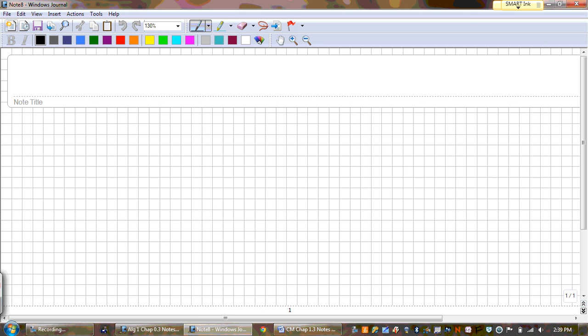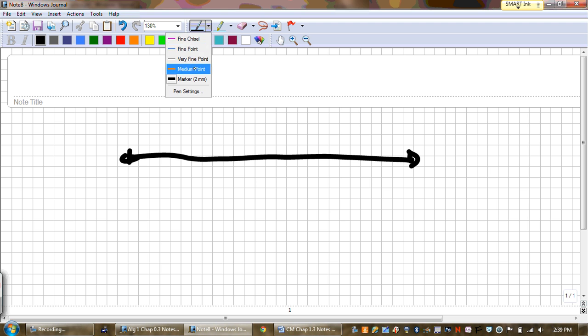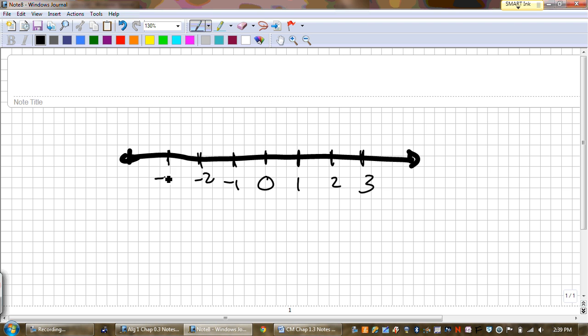Some of you are like, Mr. Grice, I have no idea. Okay, well, guess what? Let's draw a number line real quick and take a look. Here's 0. There's 1, 2, 3. -1, -2.